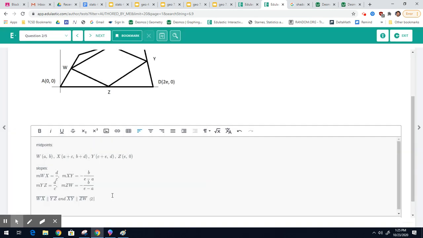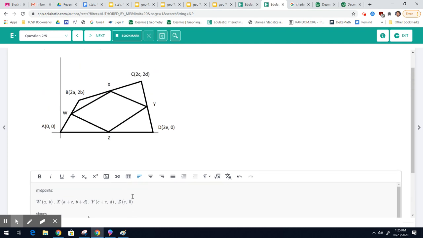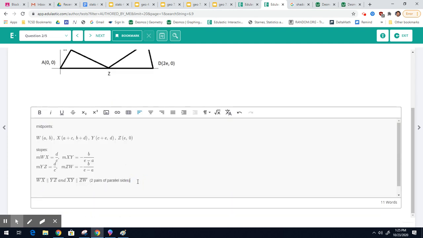And because those are true, you have two pairs of parallel sides. Did I spell parallel right? I don't think so. Parallel, right? Parallelogram. Yeah, parallel. And because of that, WXYZ is a parallelogram. I always put it in all caps because I'm so excited.